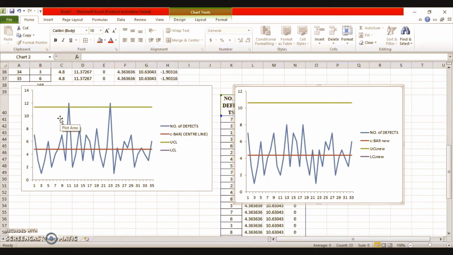So we eliminated those out of control samples 11 and 23, and we prepared a new line graph with the help of revised control limits, right? And because of those revised control limits, we were able to obtain this line graph in which there is not a single point which is crossing the upper control or the lower control limits, right?